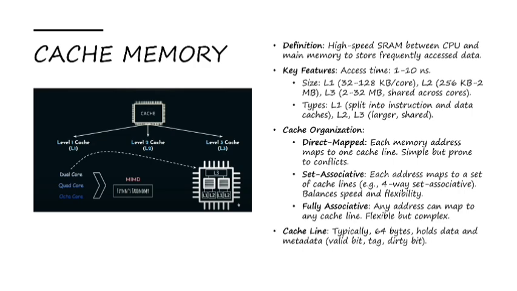Okay, so coming to the structure, this structure we see here is the hierarchy of cache memory levels. Let's start from the dual core, quad core, or octa core. This indicates a multi-core processor, and each core processes data independently.